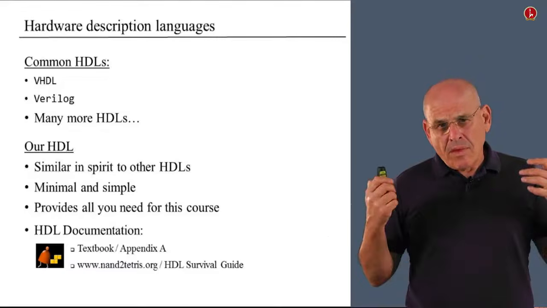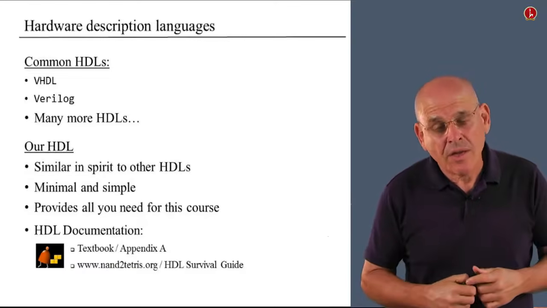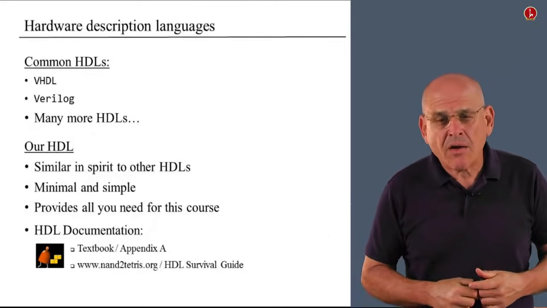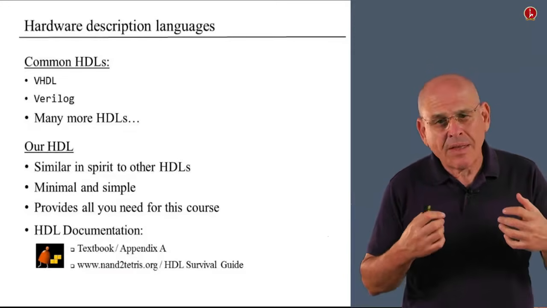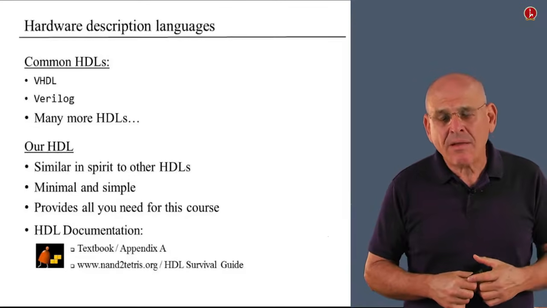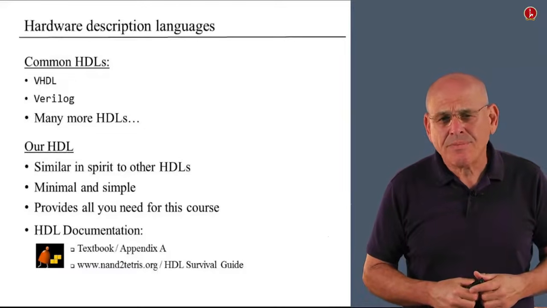So if you want to read more about HDL, and you should, take a look at Appendix A in the textbook, and also read the HDL survival guide in our NAND to Tetris website. Both are actually available in the website.